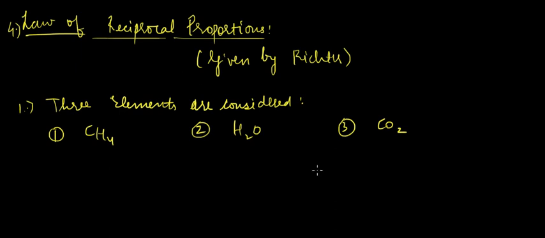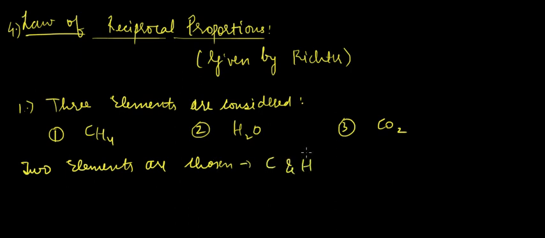So two elements are chosen, let's say C and H. These two elements combine with a fixed mass of oxygen.